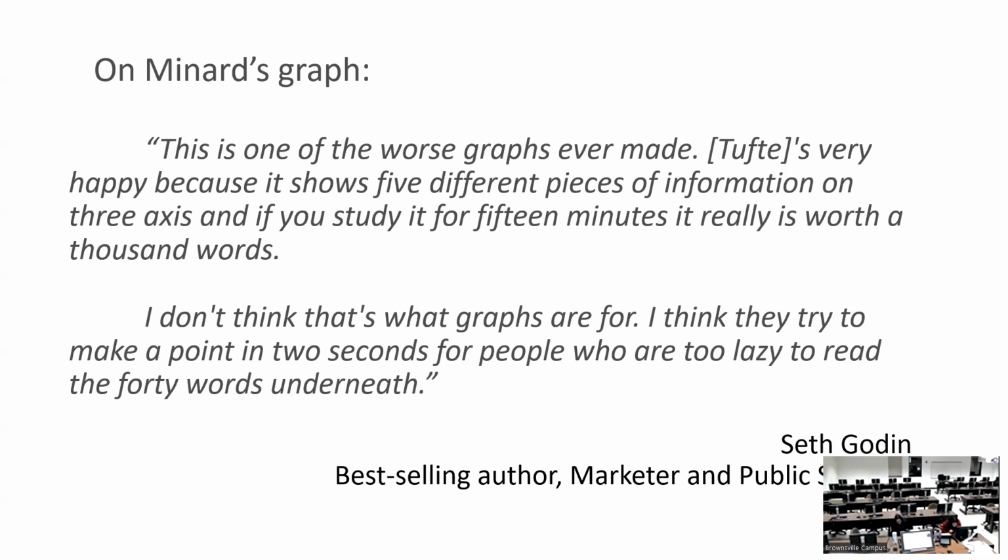And if you study it for 15 minutes, it really is worth 1,000 words. So he is disagreeing that it is the best. And he thinks that it is good for those who want to spend 15 minutes to understand what it is, right? Again, he said, I don't think that's what graphs are for. So he disagrees that graphs should be that detailed. I think they try to make a point in 2 seconds for people who are too lazy to read the 40 words on Earth.